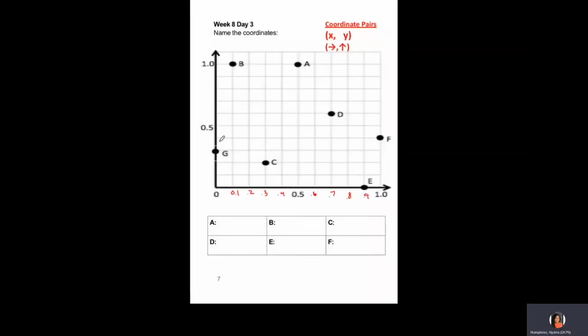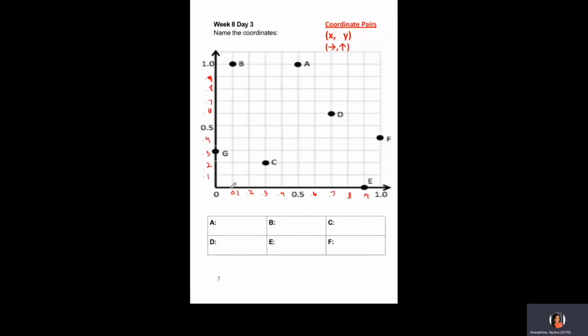Our y-axis is the same. Let's just make sure. 1, 2, 3, 4, 5. Yep. So here we go. Tenth, 2/10. So now we can find our values of these letters because we have the values of our intervals here on the x-axis and the y-axis.